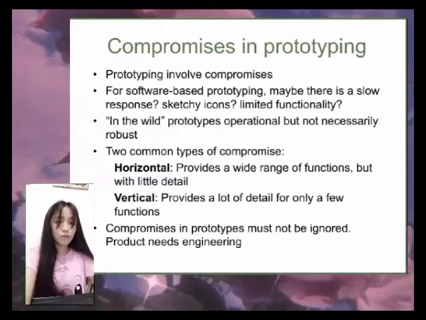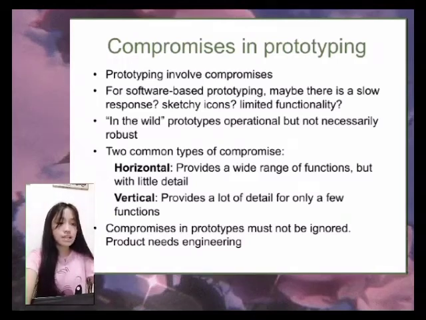Two common types of compromise. First is horizontal, which provides a wide range of functions but with little detail. Next is vertical, which is kabaligtaran naman siya ni horizontal. It provides a lot of detail for only a few functions.